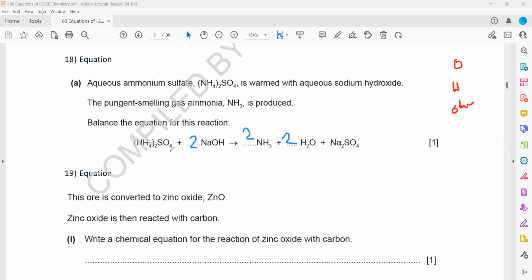If you start with oxygen, 2 and you put 2, so 6 oxygen on the left hand side. So there should be 6 oxygen on the right hand side. So oxygen is balanced. Hydrogen: this one is 4 and 6, so 10 are there, because 2 multiplied by 3 is 6, and 4, so 10. So we should have 10: 4 multiplied by 2 is 8, and then here you put 2. So hydrogen is also balanced. Then the other element, nitrogen, is already balanced as you put 2 and 2. Sodium is 2, so sodium is balanced, and sulfur is balanced as well. So this is the balanced equation.